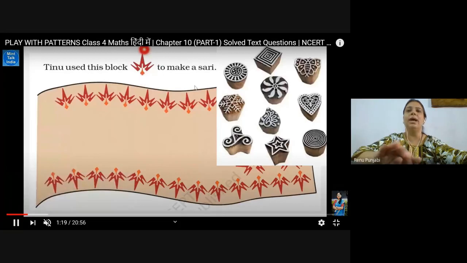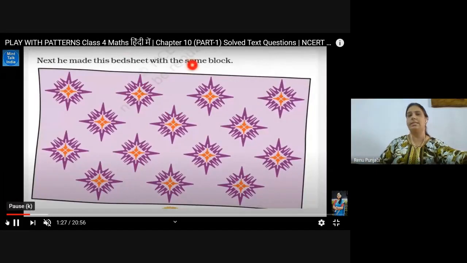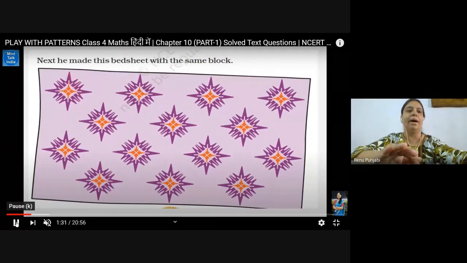So this is one block only, and with the one block, many patterns can be created. Now you can see on the next page, we have made a bed sheet with the same block, but the same block is turned with a quarter turn, half a turn, and 3/4 turn to make a complete design.